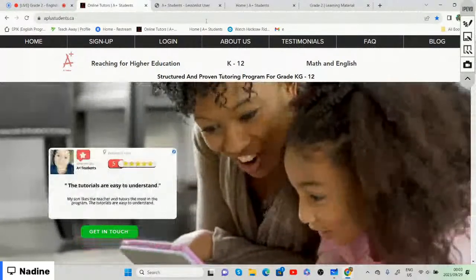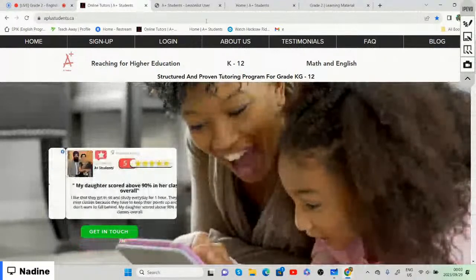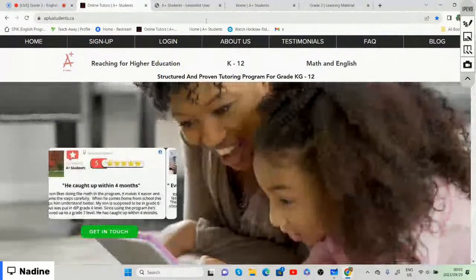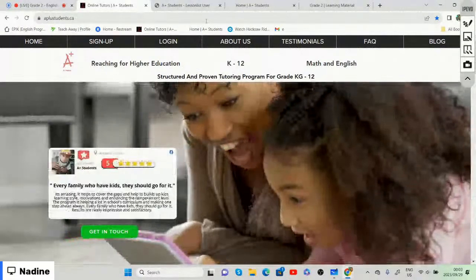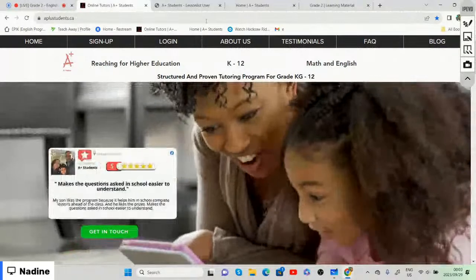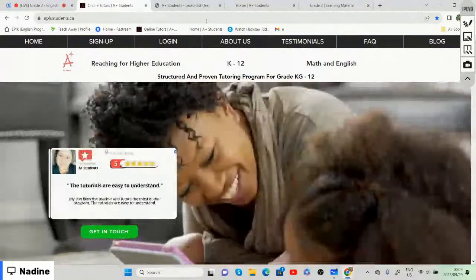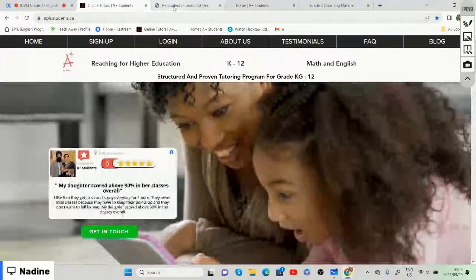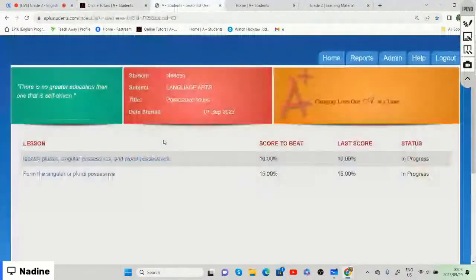Once you've selected grade 2, you're going to scroll down the chapters until you get to the chapter of possessive nouns. So we are going to then select possessive nouns, right?